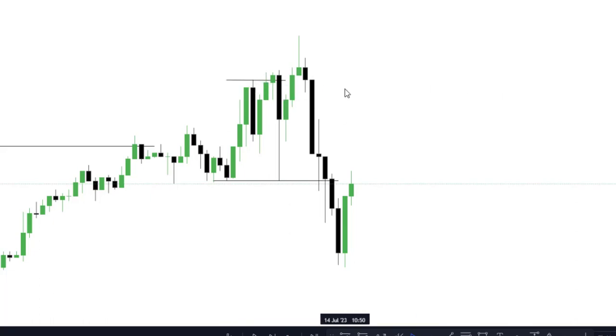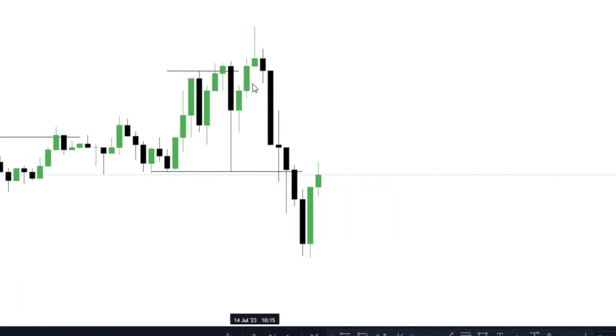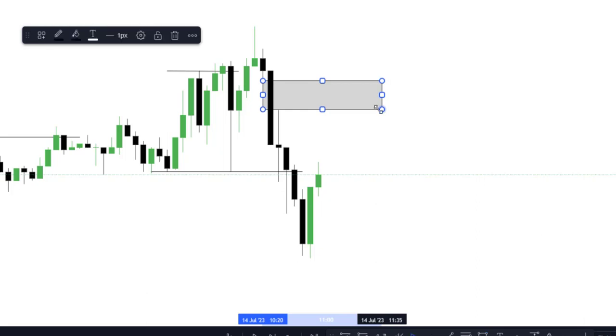So where can we start taking our entry? This is our displacement to the downside, the displacement that took out this low. As you can see right here, we have a fair value gap.